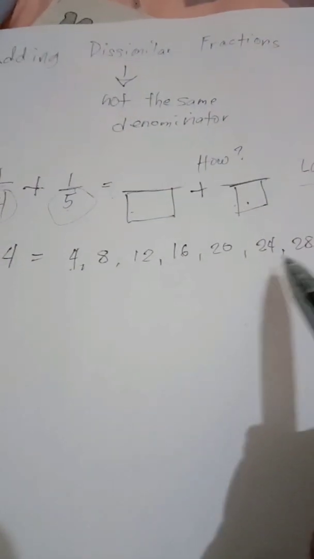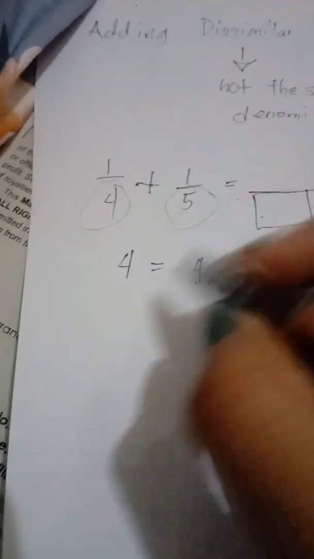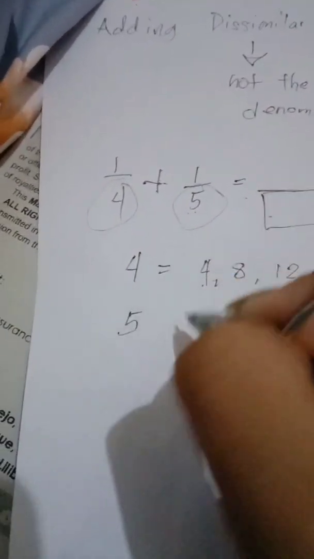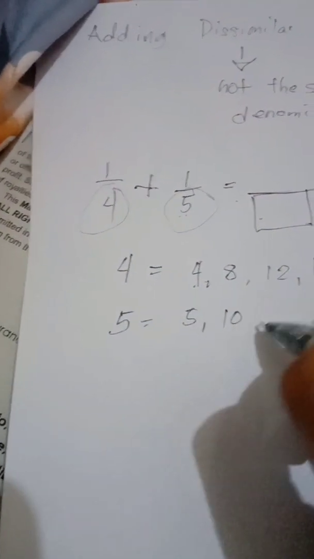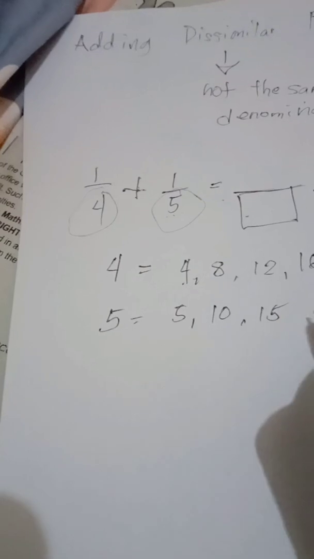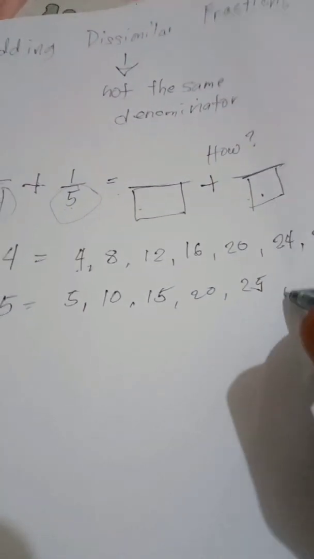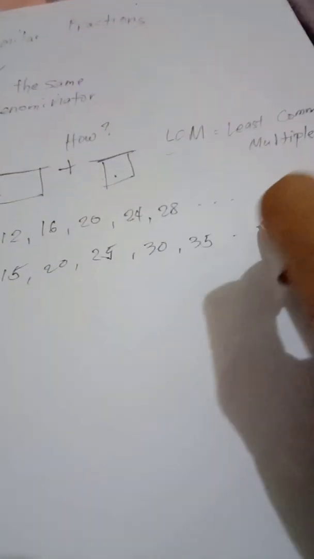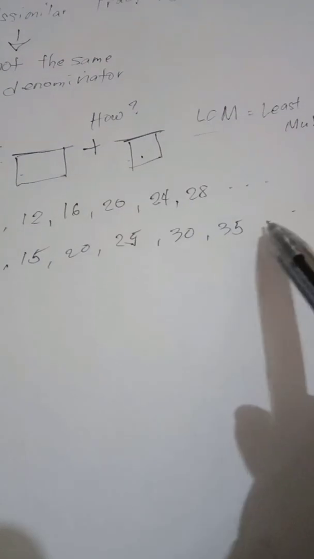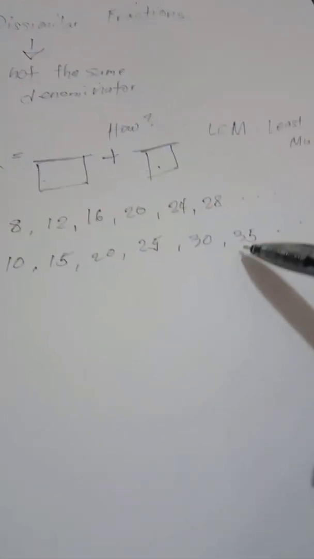Now let's get the multiples of 5. So, 5, 10, 15, 20, 25, 30, 35, and so on. It means there are many more multiples. It doesn't end at 35.